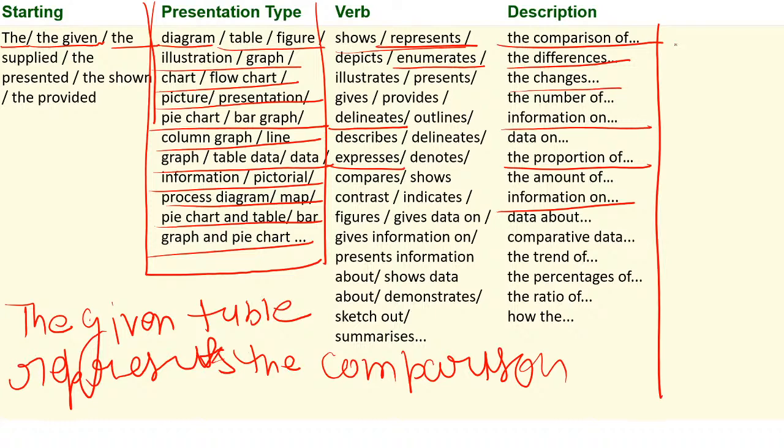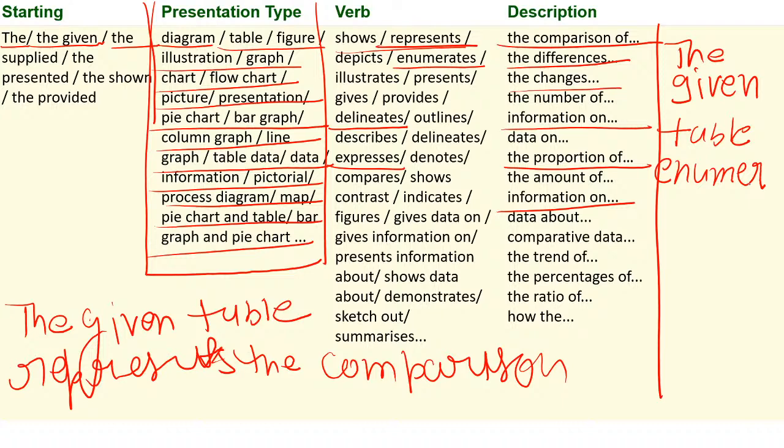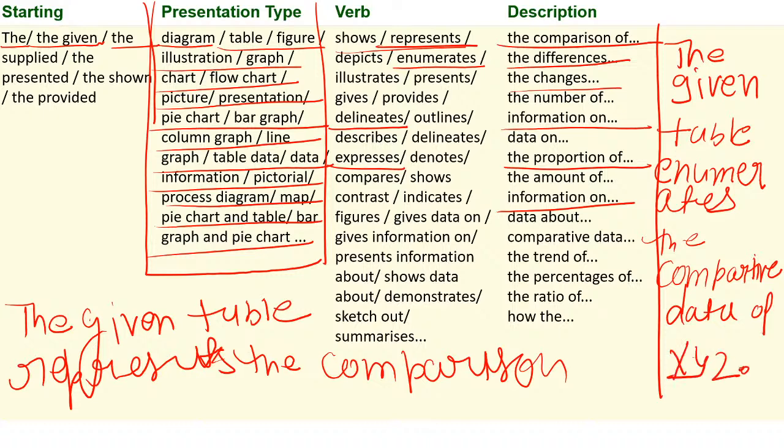The given, you can talk about any data, or let's take an example, the given table enumerates the comparative data of XYZ. You can make your sentences something like this.